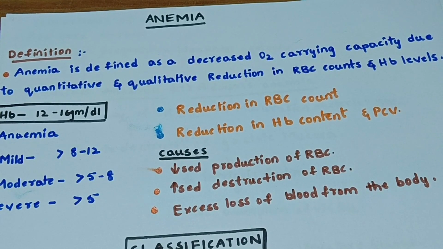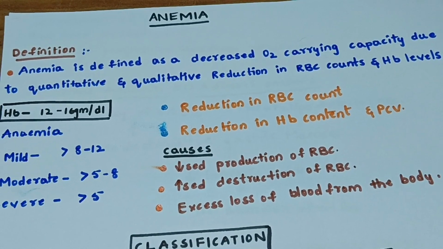If there is a decrease in the number of RBC or in the HB levels, it results in anemia, where the oxygen carrying capacity is diminished.